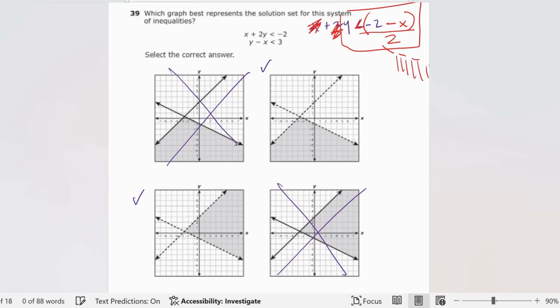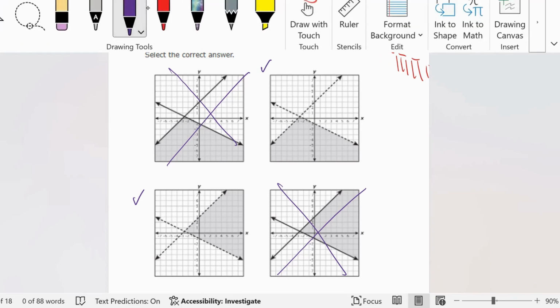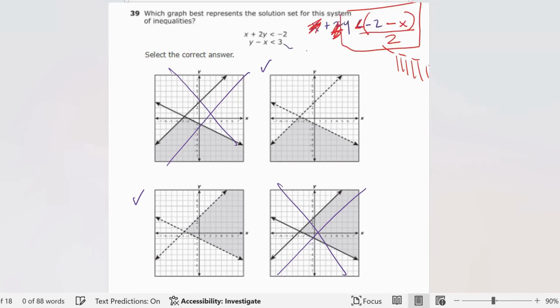Now, look at the next line here. The next line is y minus x less than 3. Again, I put parentheses after the inequality, minus x. See this? That's gone. And divide by 1. So y is equal to... no, you cannot type that in the calculator. y less than 3 minus x.